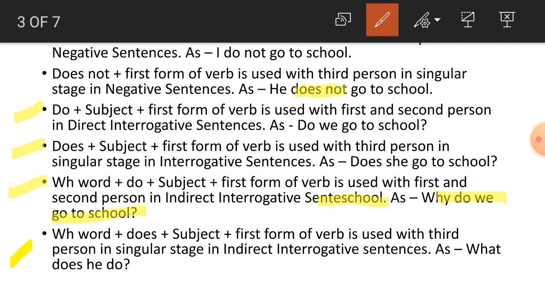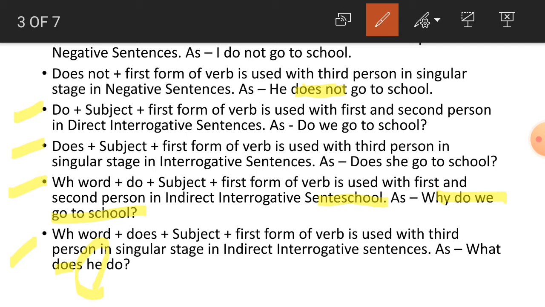Next, WH word plus does plus subject plus first form of verb is used with third person in singular stage in indirect interrogative sentences, as what does he do? Students, here does is used because he is the subject of this sentence.